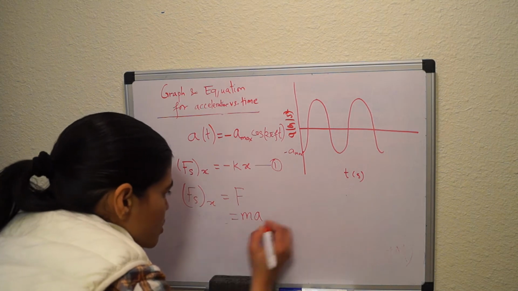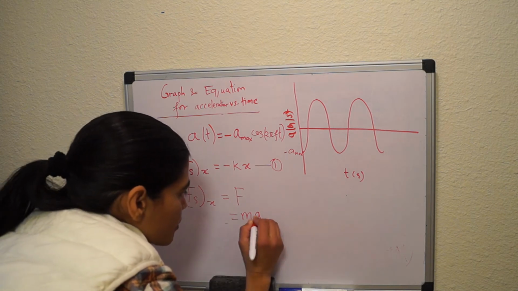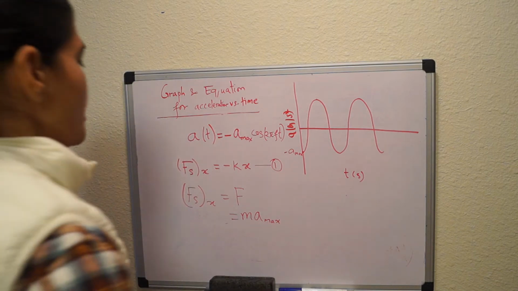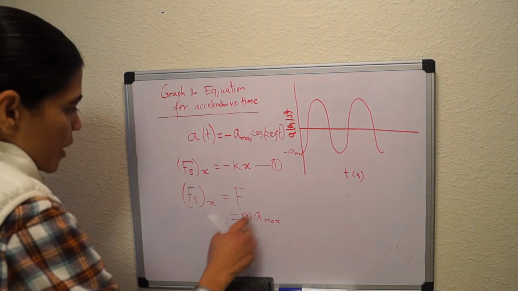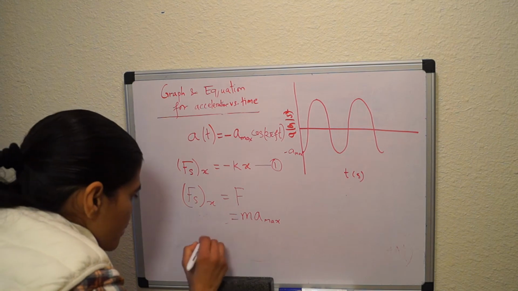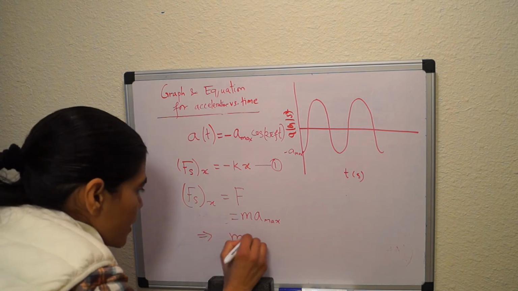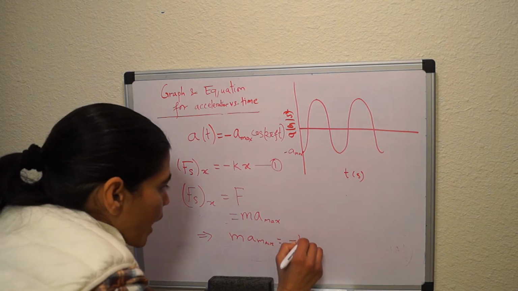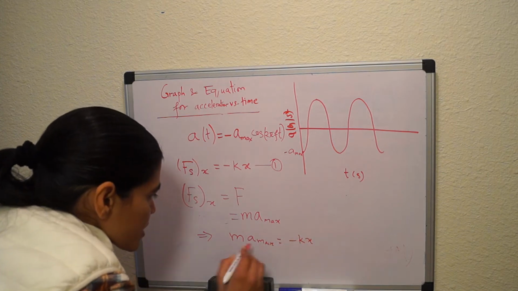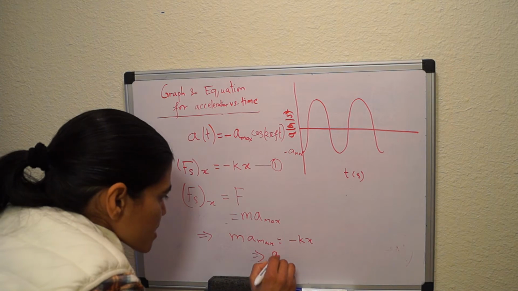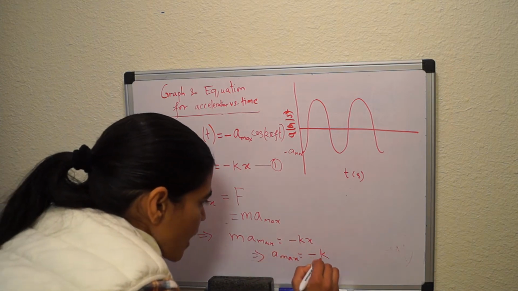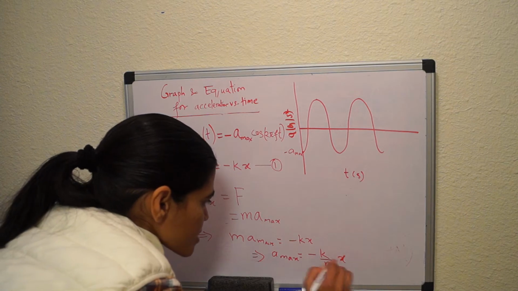So let's write m times a max here, acceleration. Now we can equate these two equations, so we should be able to write m a max must be equal to minus k x. You guys see here, a max must be equal to what?